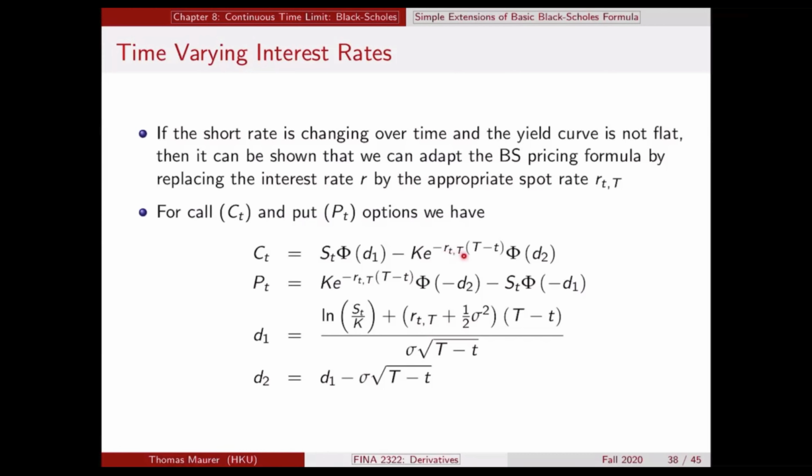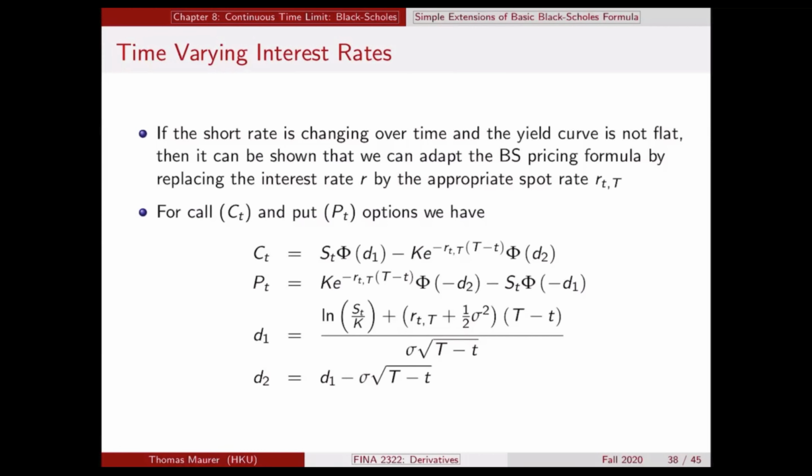Notice that you have to do this when you discount the strike price in your formula, either for the call or the put. And you also have to do it within these threshold values D1 and D2, because now the price of the underlying asset grows under the risk neutral probability, or this Q star probability, not by the risk-free rate over a small horizon, but by that spot rate.